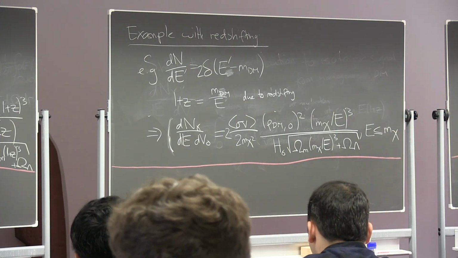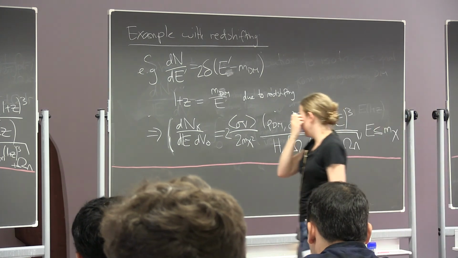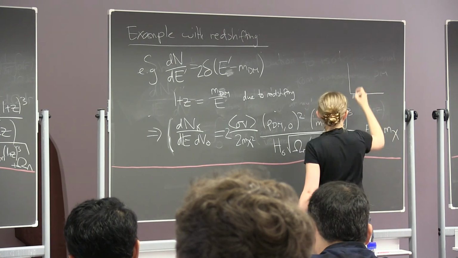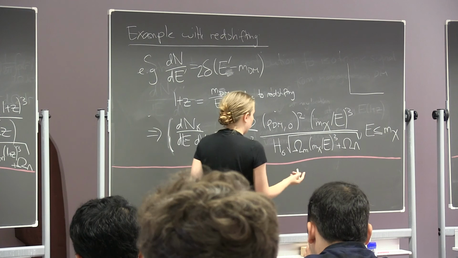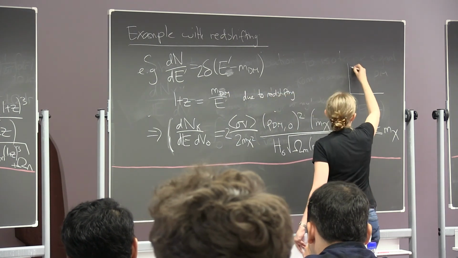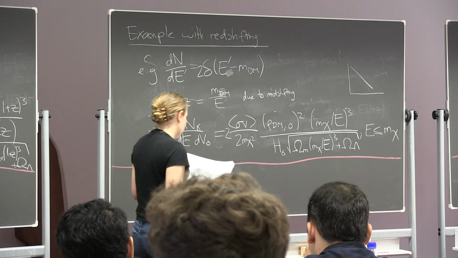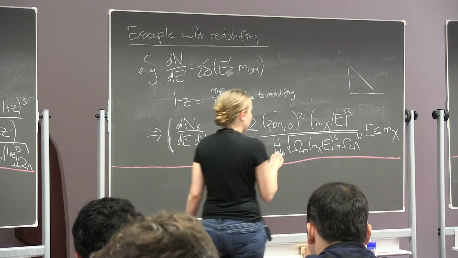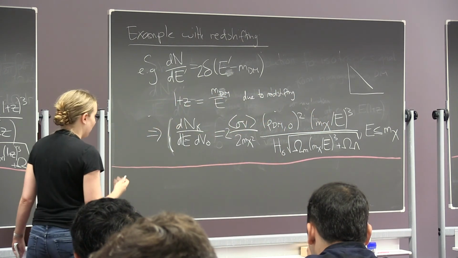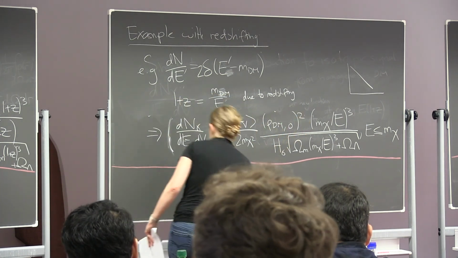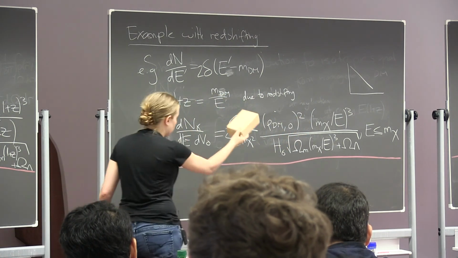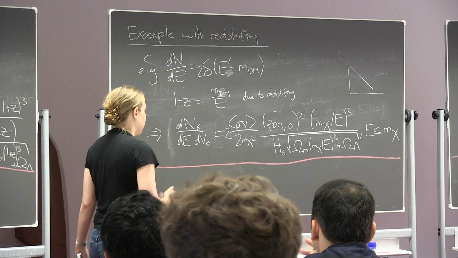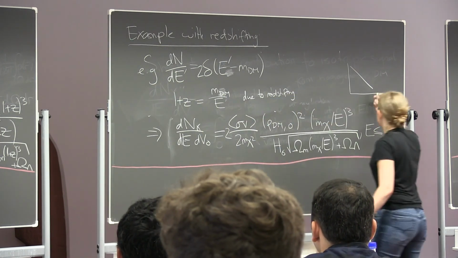So while I started with just a delta function, I'm going to end up with a spectrum that, if I ignored this term in the denominator, if my contribution was really just from the dark energy piece, I'd end up with a dN/dE that goes like E to the minus 3 spectrum, because the annihilation rate is higher in the early universe where the density is higher. Now, of course, this is not actually a signal that we mostly look for, because if you work out the amplitude of this and compare it to the amplitude from regions with much higher dark matter density in the present day, this contribution is pretty small.